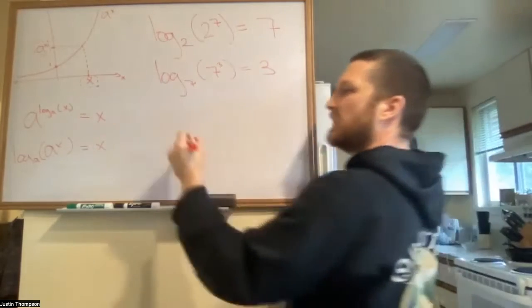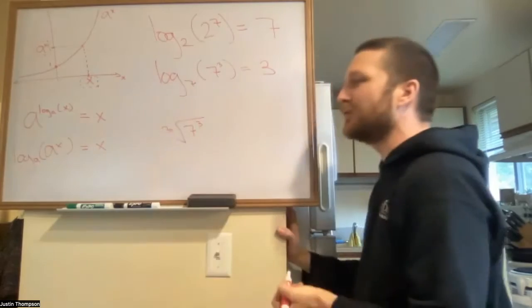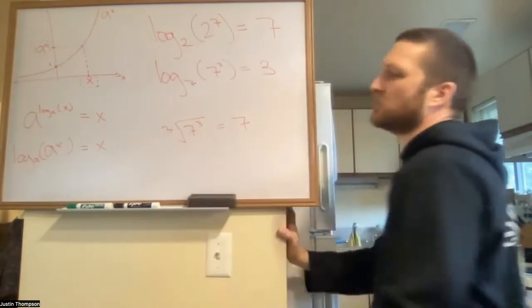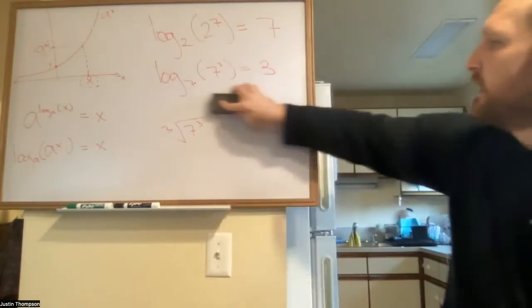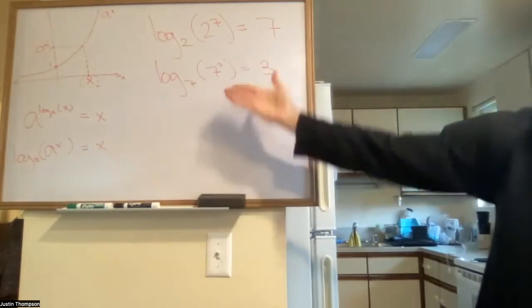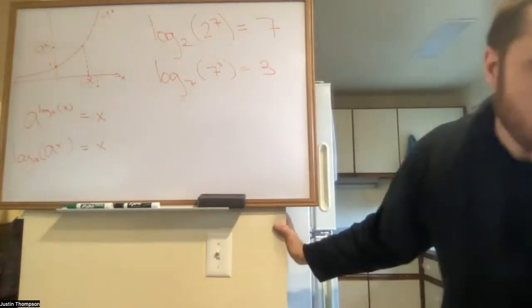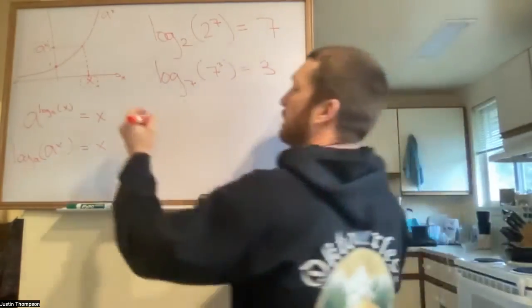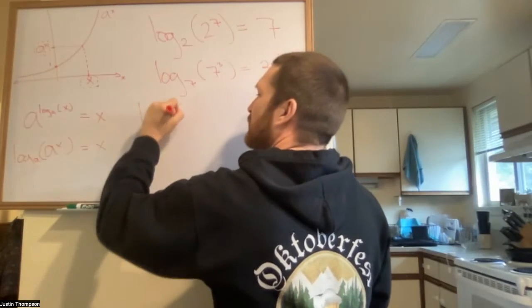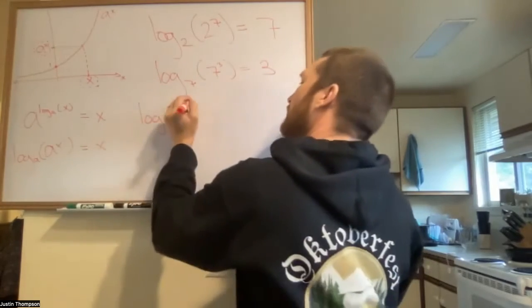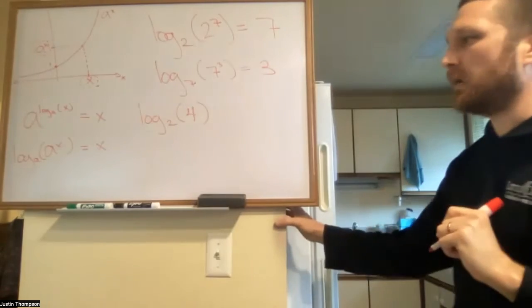This is the same thing as saying, hey, I had 7 cubed and then I took the cube root. Well, of course you came back to where you started from. That's what this does. So we're going to do one of these. If I have log base 2 of, let's say, 4, I could say I have no clue.